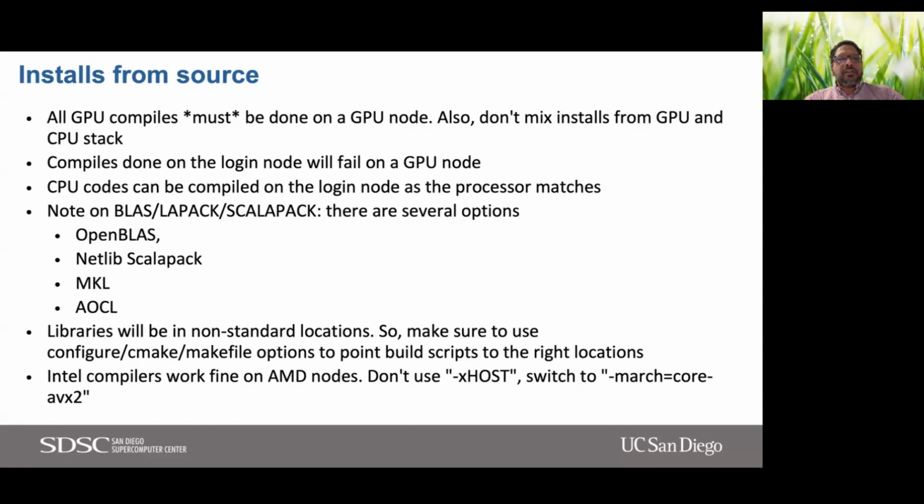One other note: often, if you're building from source, packages like BLAS, LAPACK and ScaLAPACK are needed. There are several options for this. OpenBLAS will cover both BLAS and LAPACK. We have a ScaLAPACK installation separately. We have MKL, the Intel Math Kernel Libraries, that also provide all of these.